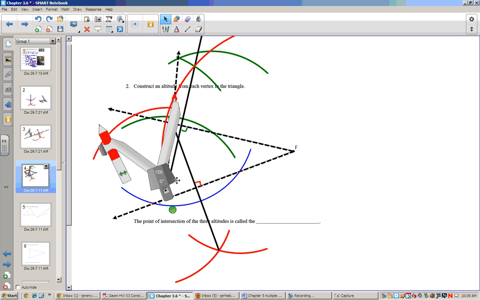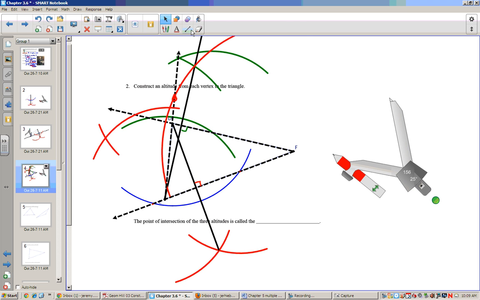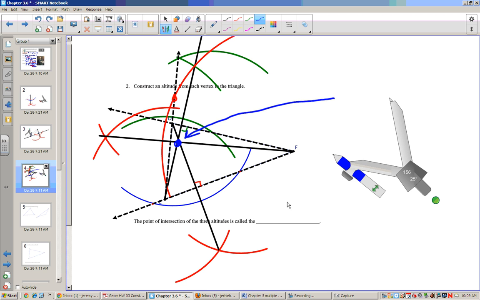So if we do it out there, now we can draw our third segment from F to that intersection point. And you can see that this point right here is the point of concurrency. So this point here is called the orthocenter.